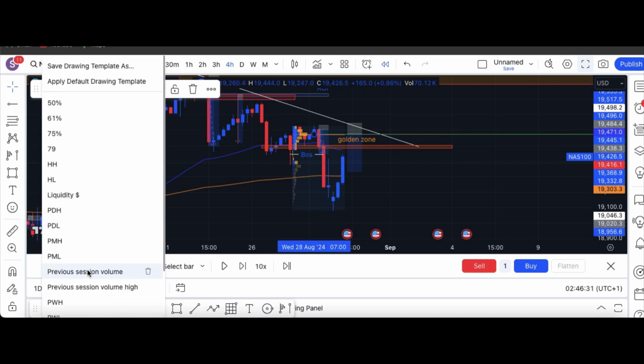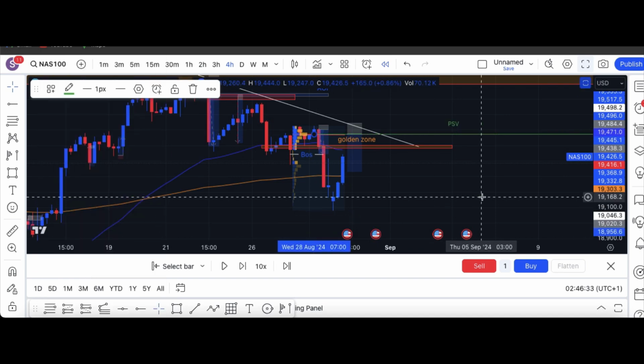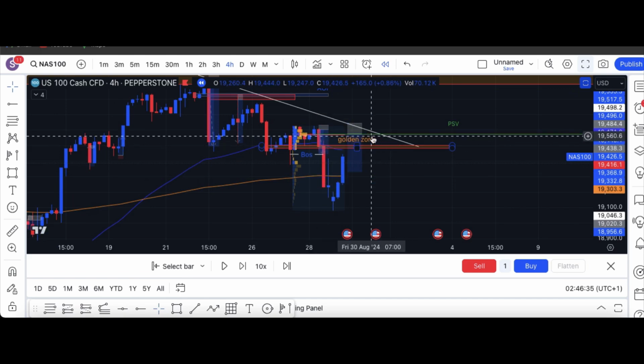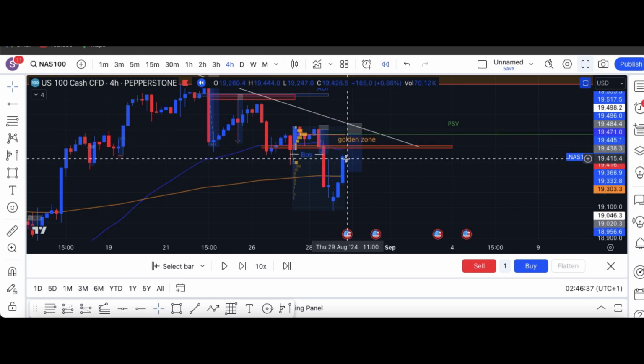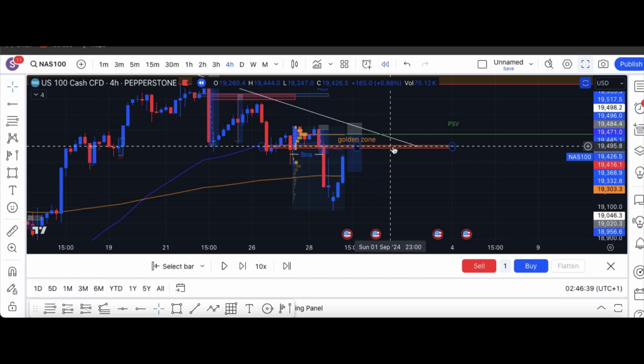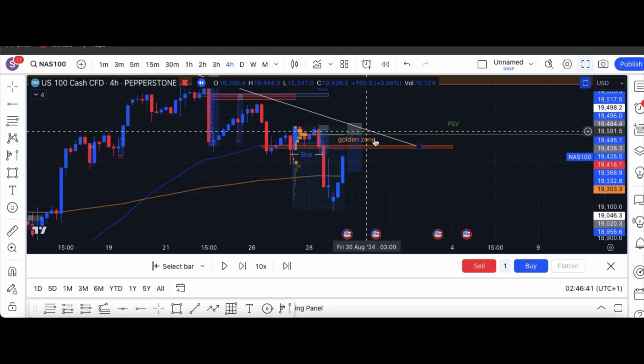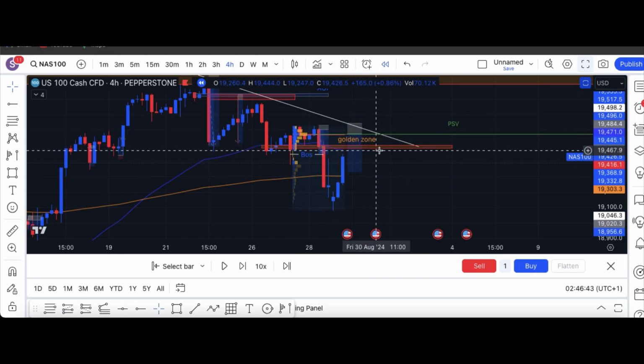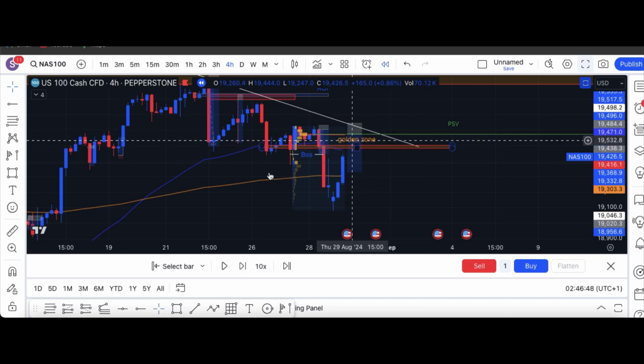So I mark that out as previous session volume. So when price comes up here, I'm gonna be interested. This entire area up here is premium, so I'm interested in taking a trade up there. This is my golden zone, the 79 and the 75, and then I got my POC right here.